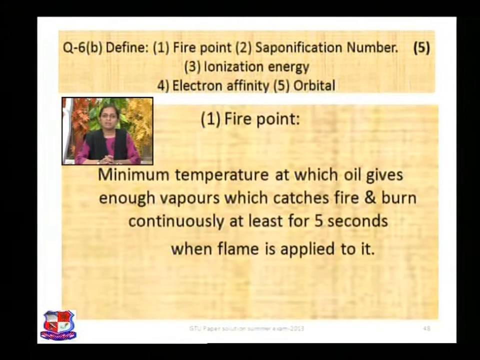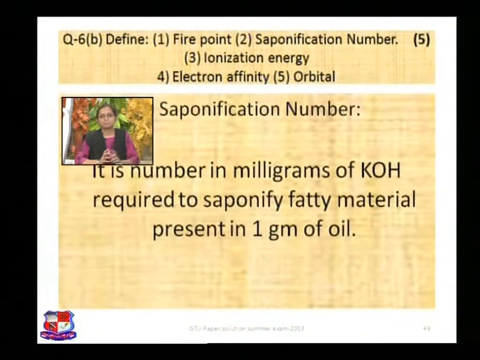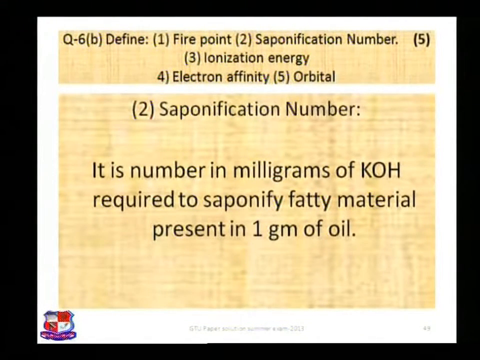Next you can see the definition of the saponification number. What is saponification number? It is the number of milligrams of KOH required to saponify fatty material present in 1 gram of oil. Okay, so this one has to be remembered.